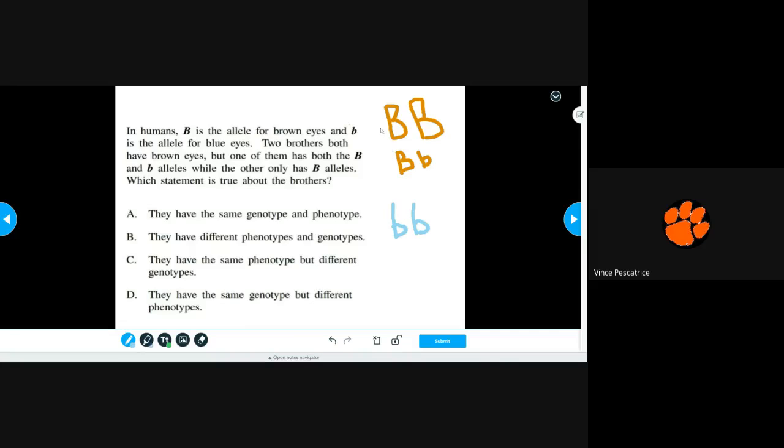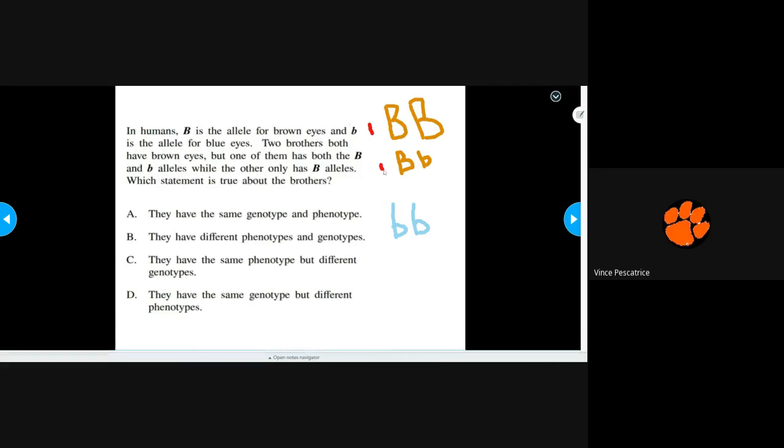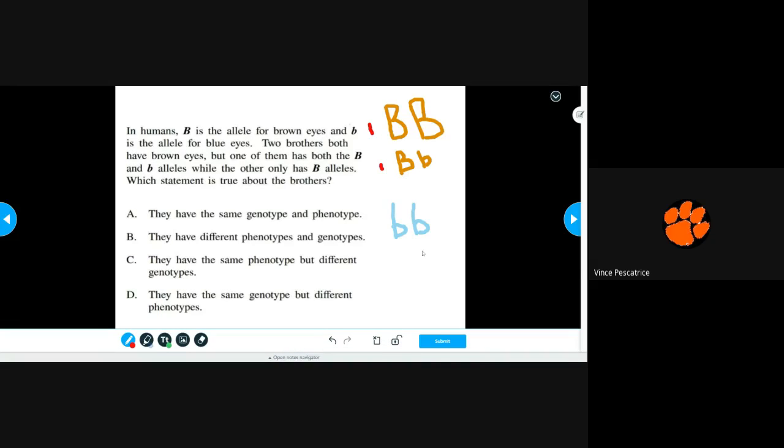So one brother has this allele and one brother has this allele. They have the same eye color, which is a physical thing called a phenotype. So they're going to have the same phenotype, but since their allele arrangement, which is called a genotype, is different, they're going to have different genotypes. Different genotype, but same phenotype.